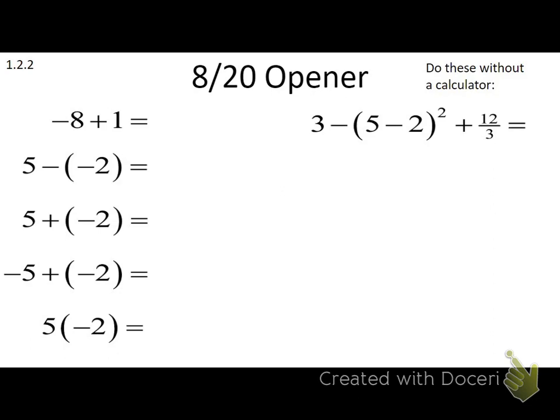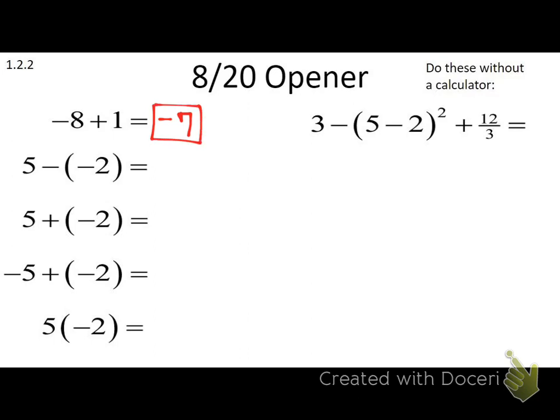Work along with me. The first five are just adding or subtracting integers, and I wanted you to give this a shot without calculators. If you're taking -8 and adding 1, what's that going to get you? -7. When we talked about it earlier in the week, it's about looking at your two signs.